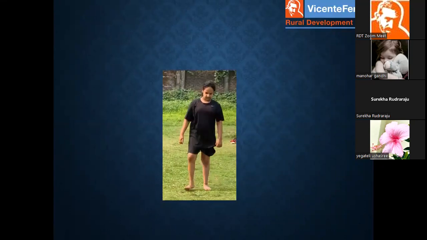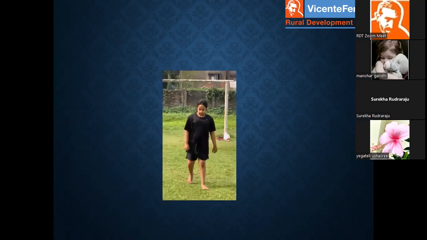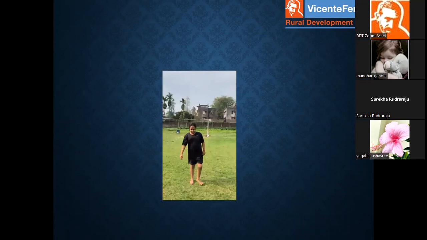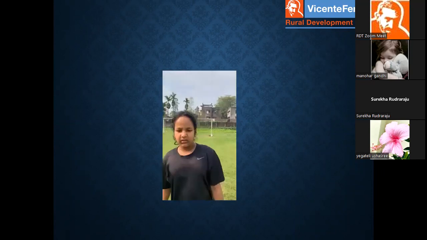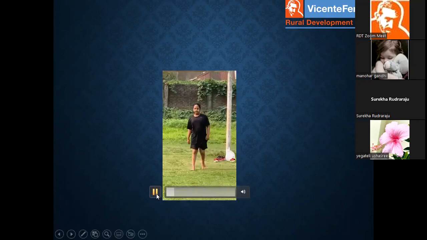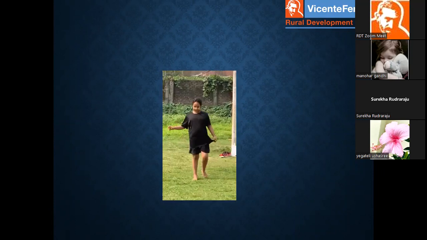Heel. So in the mid stance, how is the foot? How is the knee joint? Whether they are normal? Extension only, sir, in mid stance.